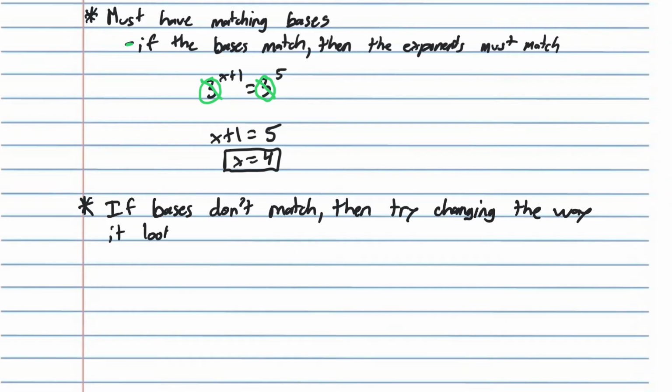And specifically, we're going to change the way it looks by breaking the number down, which is essentially what we've been doing with the roots. So change the way it looks by breaking the numbers down.